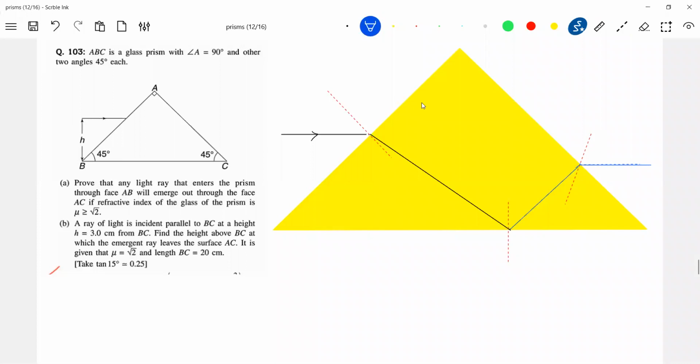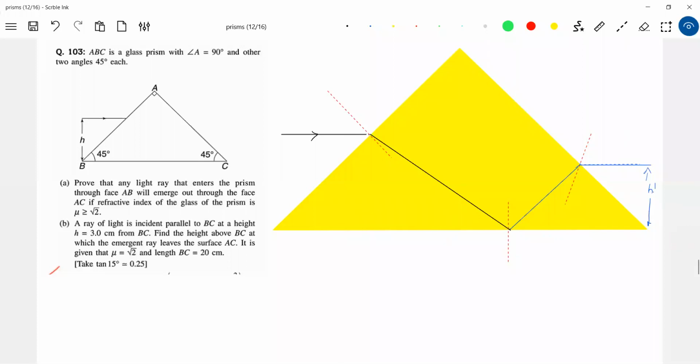This height is what is being asked, h dash. Now the question, sir, why can't the ray go directly here? That's all, no? Why are you thinking like this?